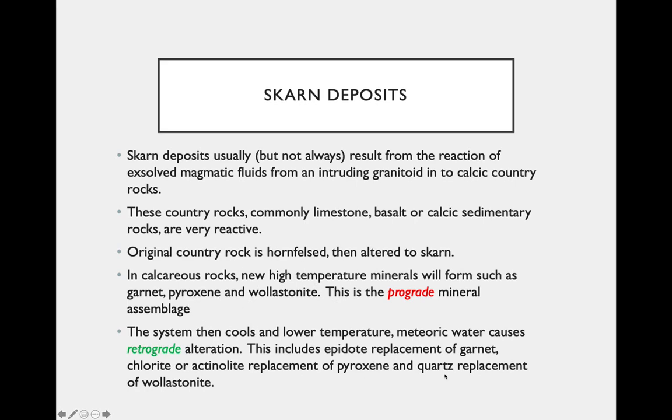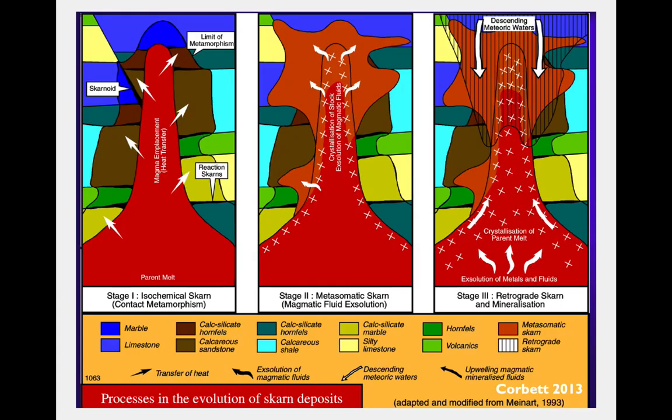As the system cools and fluid is reintroduced into that system, we get the retrograde products. These include epidote replacing garnet, or chlorite and actinolite replacing pyroxene and quartz. So we have a complicated metamorphic history, and this is broadly showing how it operates.